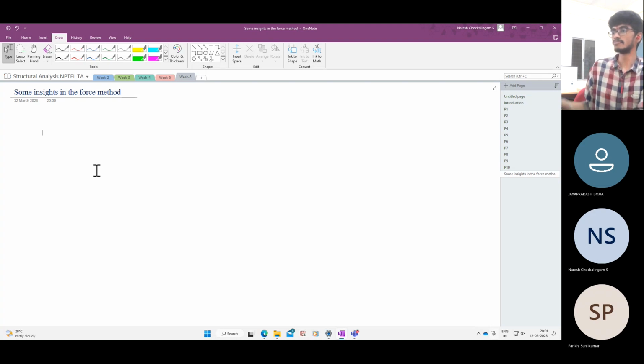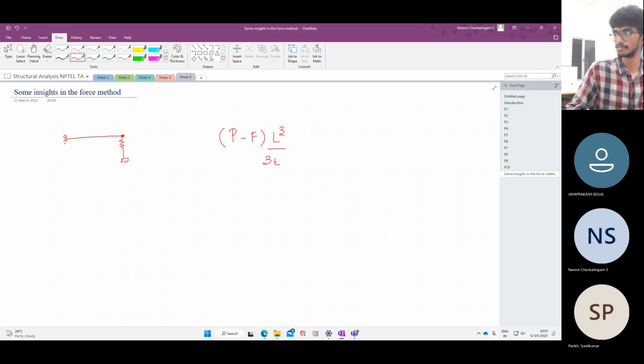If you look at the last problem we solved, we had something like this, right? And we found the displacement of this point due to an applied shear force of P minus F as P minus F L cube by 3EI.